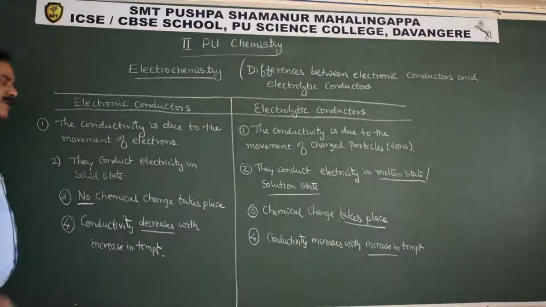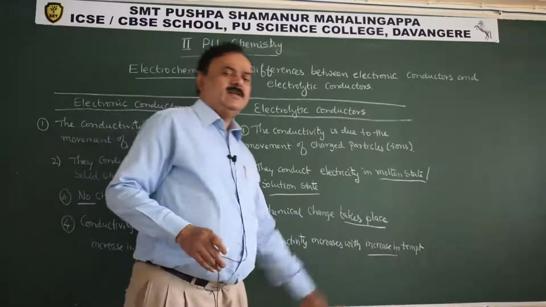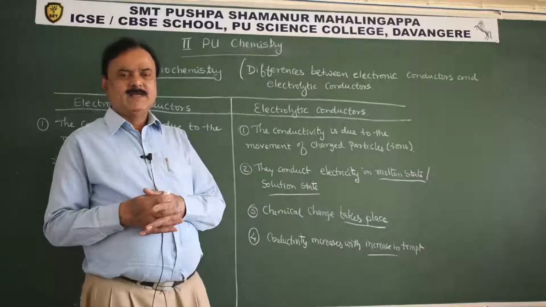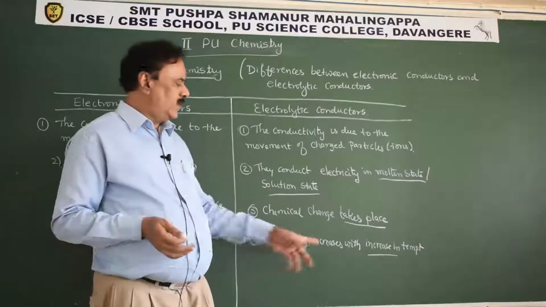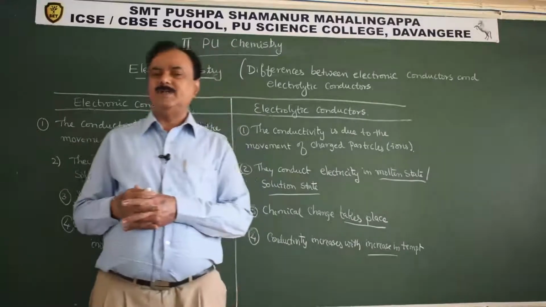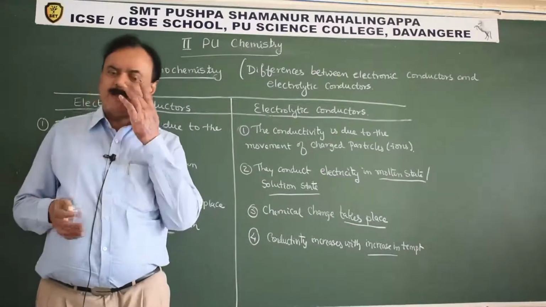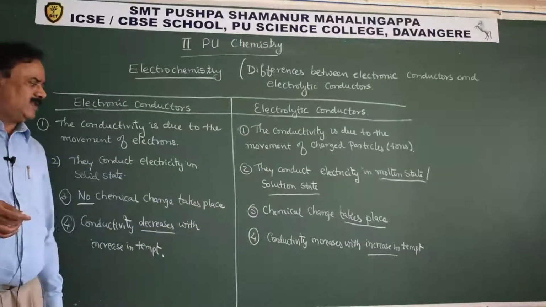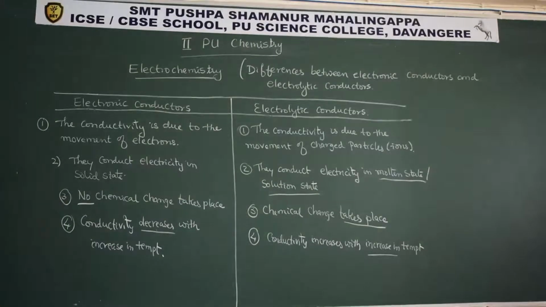Conductivity decreases with the increase in temperature for metals, but for electrolytes, because of the increase in temperature, the mobility of the charged particles or ions increases, and hence momentum and kinetic energy also increase. Therefore, the conductivity depends upon the movement of the particles. The movement of the particles increases, and hence the conductivity also increases. This is with respect to the conductivity of the solutions.